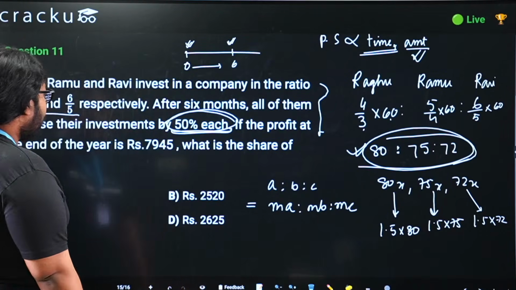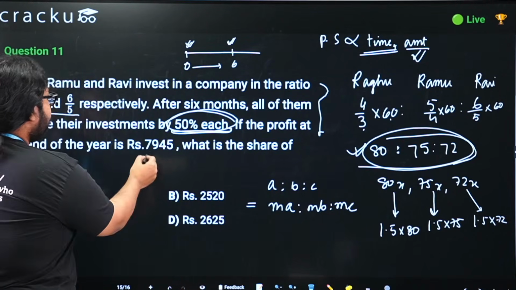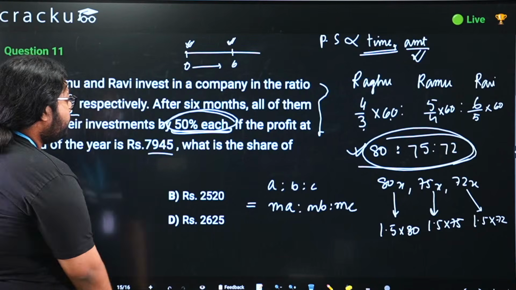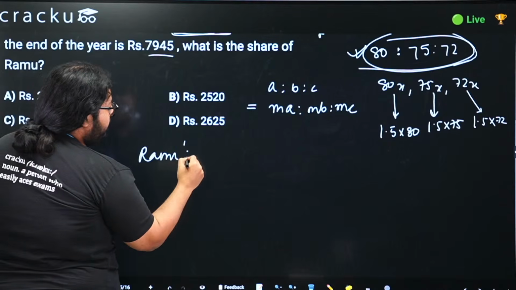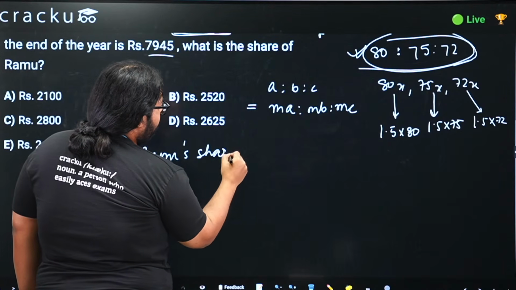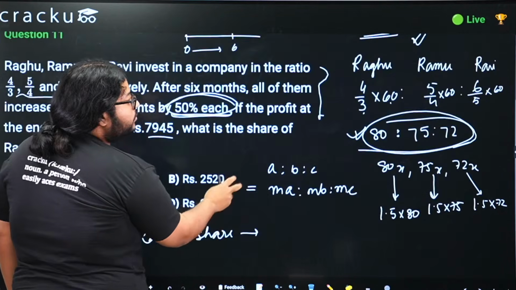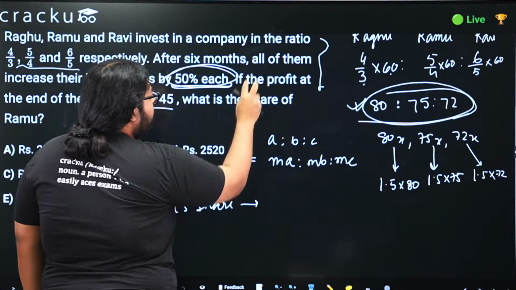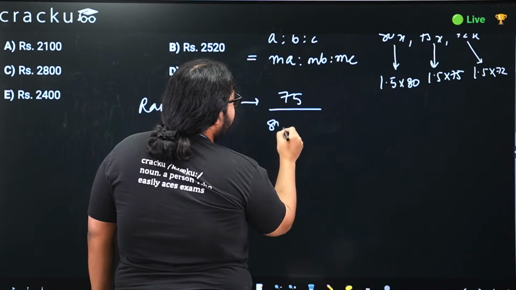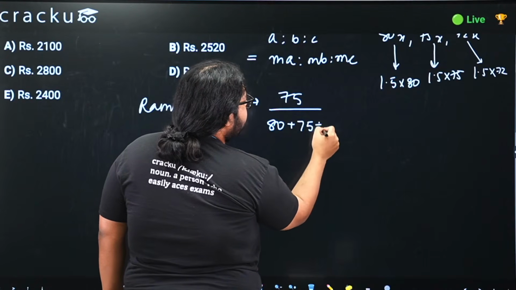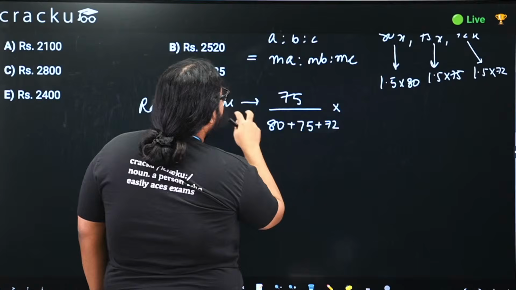Now they say the profit at the end of the year is this. What is the share of Ramu? Ramu's share will be what? What was the proportion here? Ramu was 75. So this is 75 divided by 80 plus 75 plus 72 times total profit.